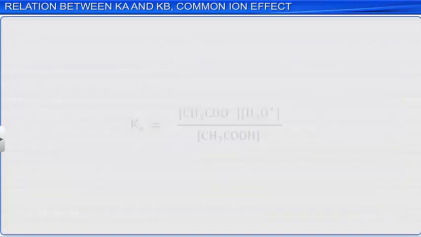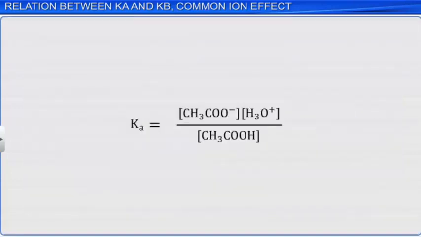The equilibrium constant expression for this reaction can be represented as Ka is equal to the product of [CH3COO-] and [H3O+] divided by the concentration of CH3COOH.